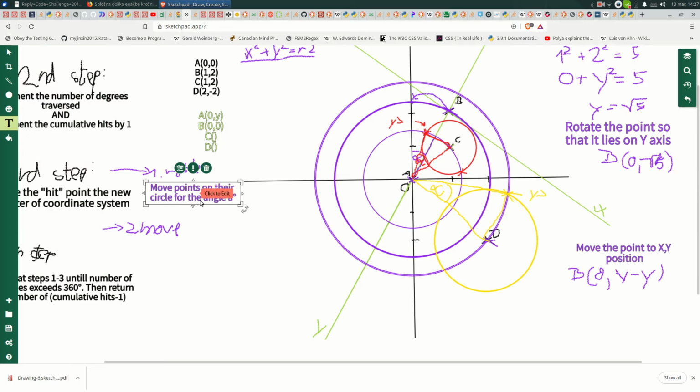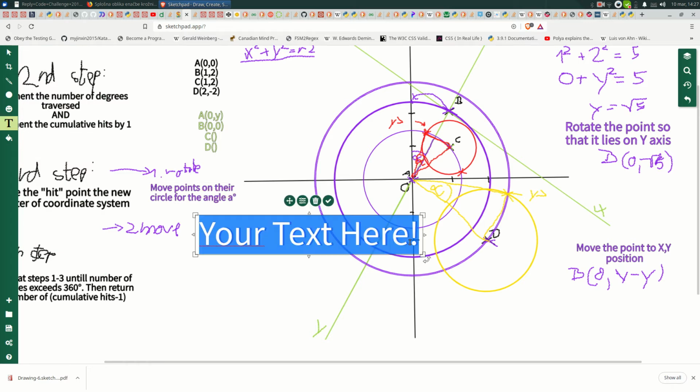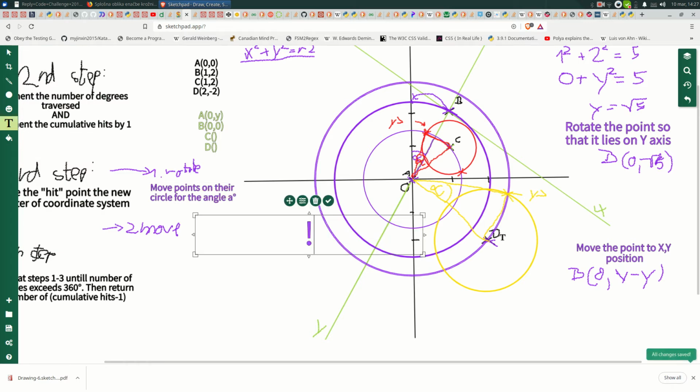So that's a long way, by the way, but first we calculate the radius of the second circle.